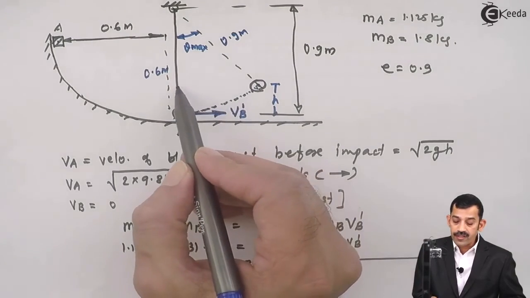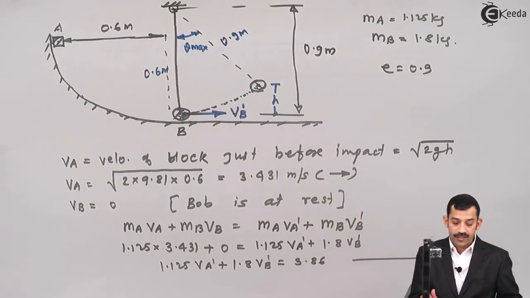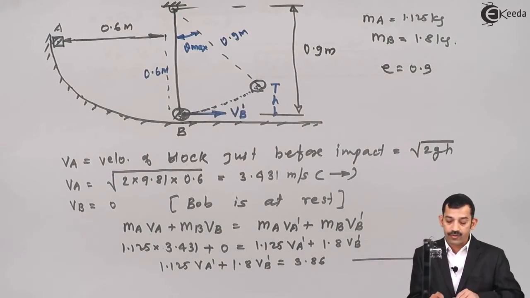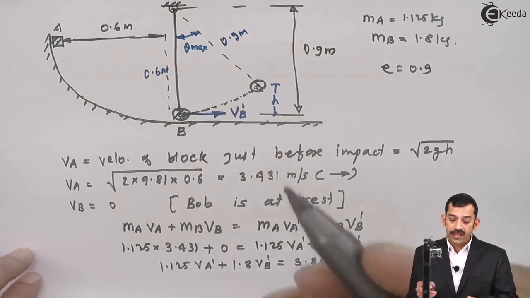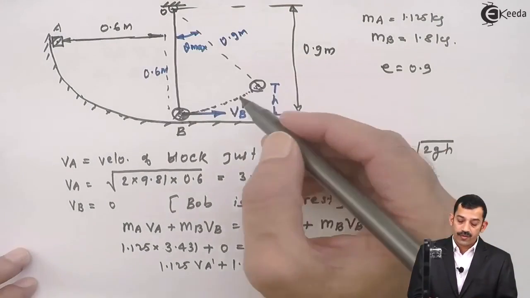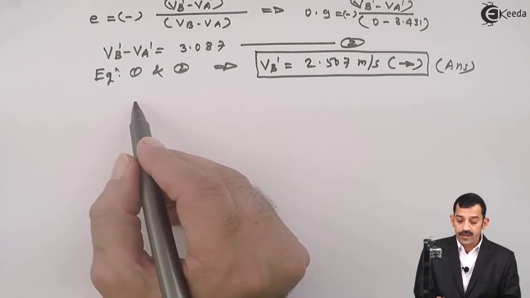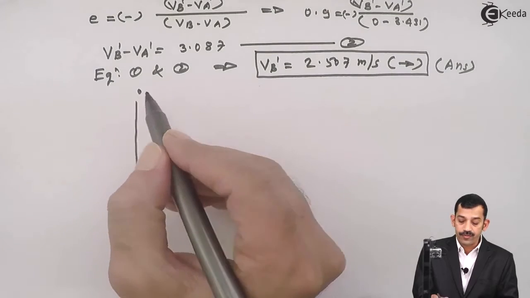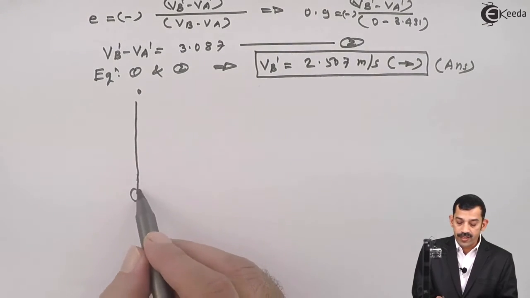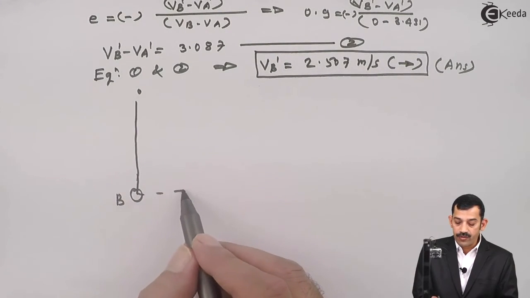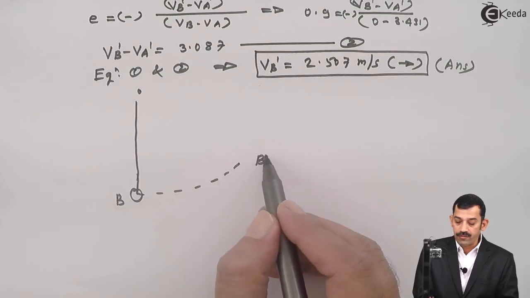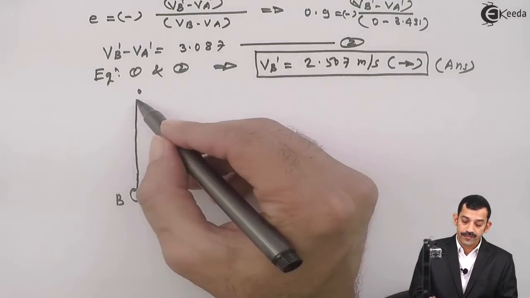Now I will construct a triangle and represent a separate diagram so that you will understand. Say this point is O, this is B, and this is B dash. This is point O, and this is point B. Now it swings to B dash in the new position.